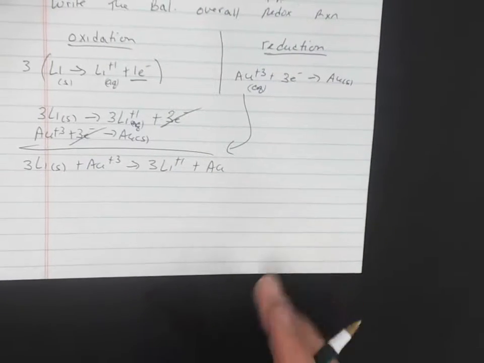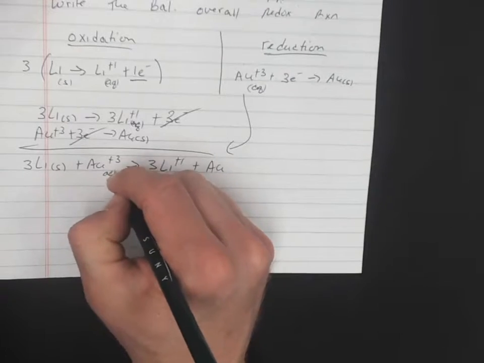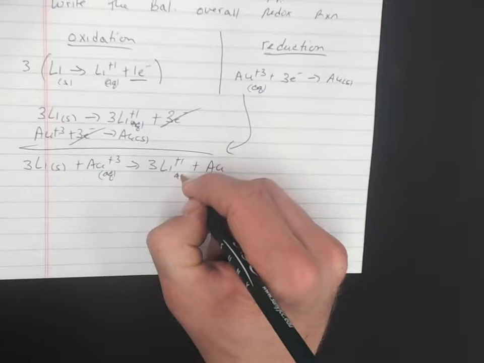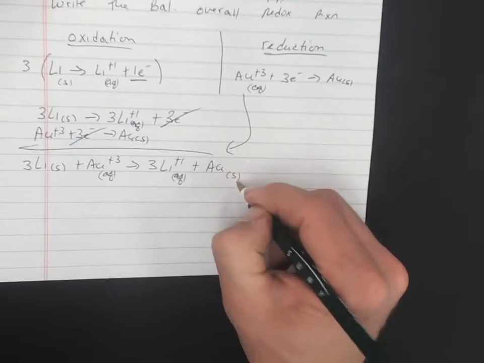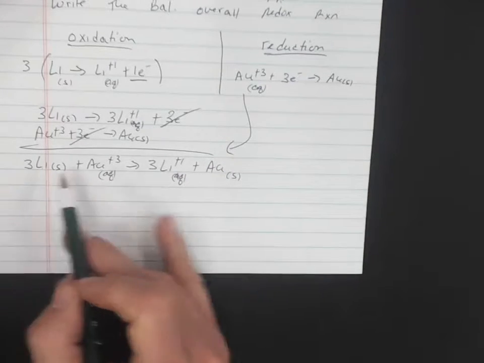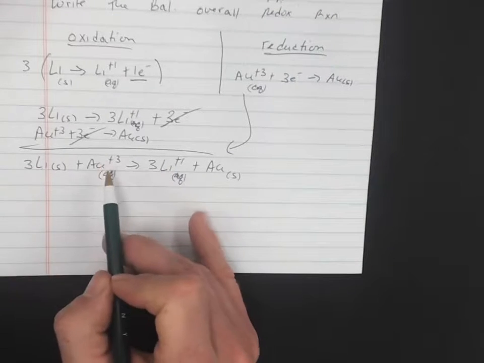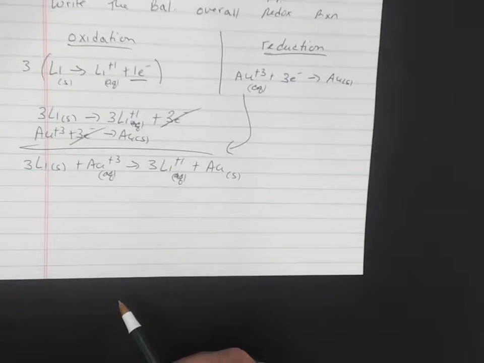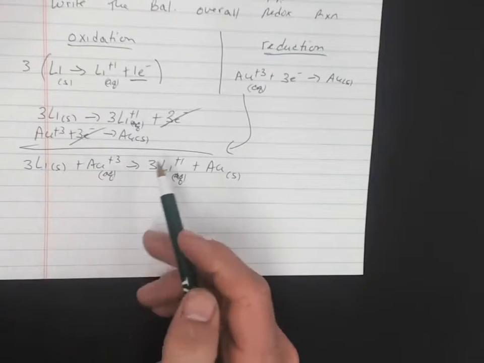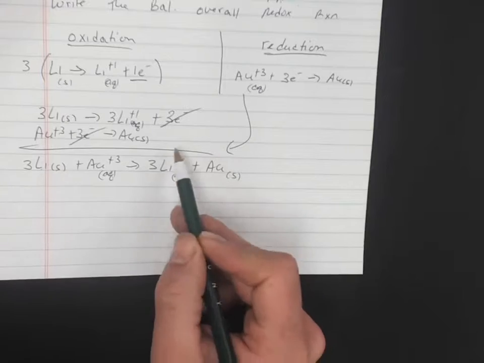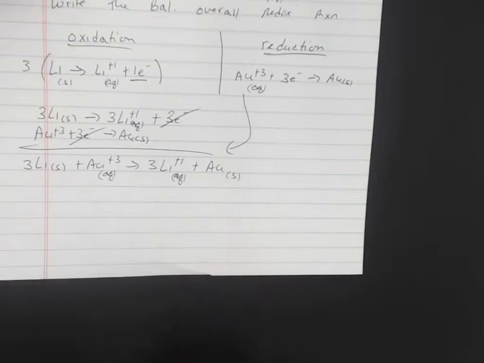Okay, so we can go ahead now and put in our phases, anything aqueous, or as an ion is aqueous. Au is solid, and we'll notice here we've got 3 lithiums, 3 lithium ions, 3 gold ions, 3 gold atoms. Good to go. Let's check our charge. Plus 3 on the left. 3 times plus 1 is plus 3 on the right, and we're good.